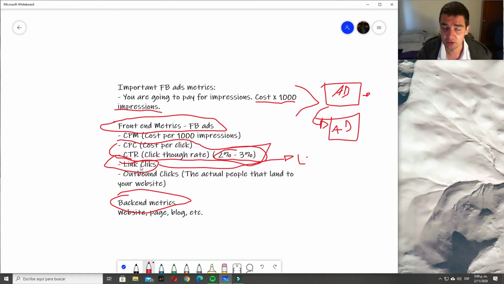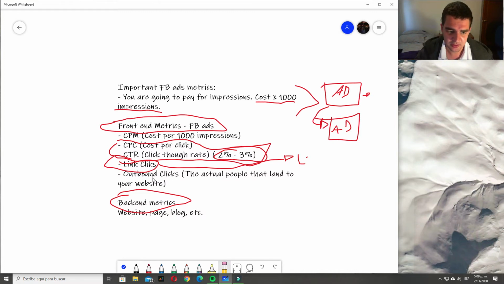People can also click to like the ad or share it, and those are also clicks, but not necessarily link clicks, not clicks to go to the site where you want people to go. So link clicks is another metric: how many people are clicking on the ad and actually clicking on the link to go to your website.